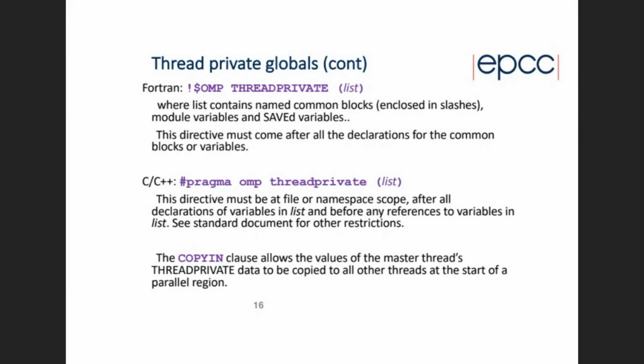They persist, and in normal circumstances, which I will qualify in a moment, you can then pick them up again in subsequent parallel regions. So the values will persist between parallel regions. That works as long as you are at the outermost level of nesting.